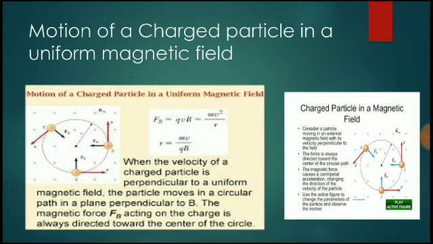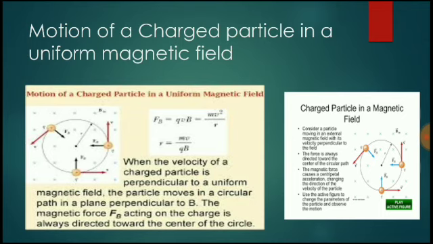Now, motion of a charged particle in a uniform magnetic field, it's very simple. If the charged particle is moving in a circular orbit, it experiences a force, that is F is equal to qvB.